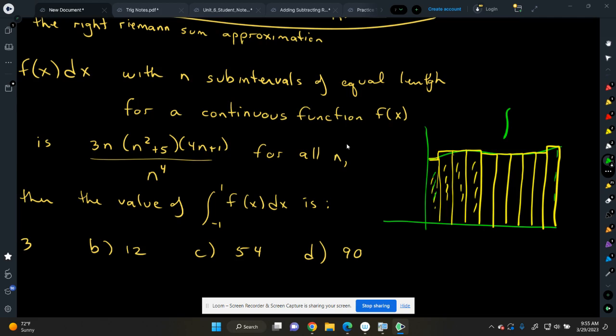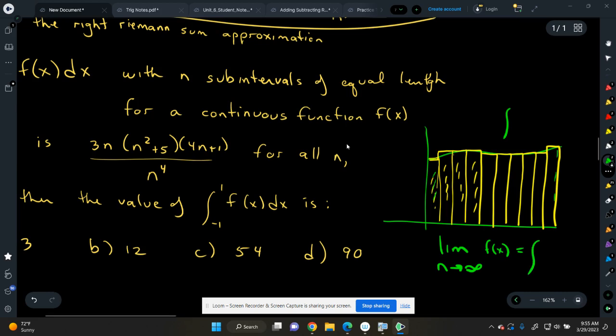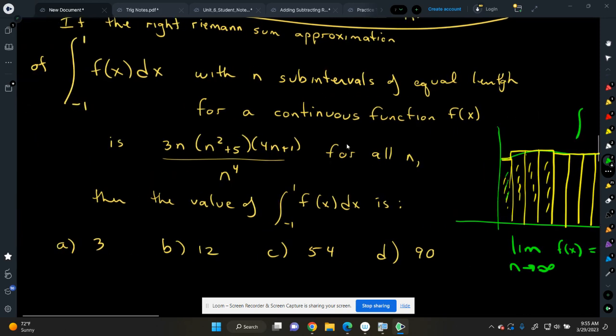So in theory, the limit as the number of rectangles approaches infinity is actually going to be equal to the integral of that function, right?